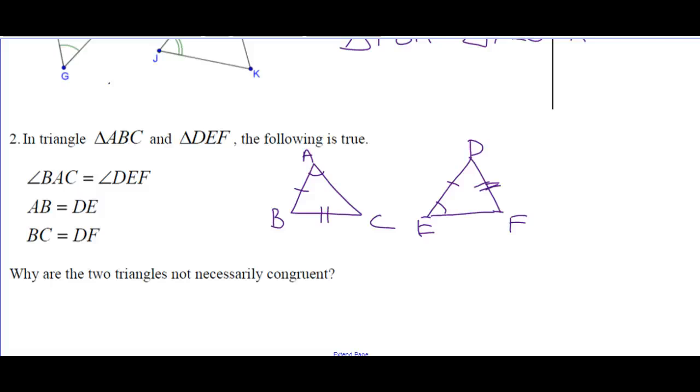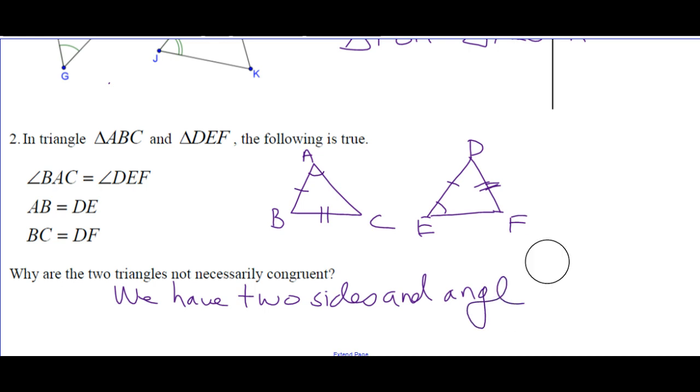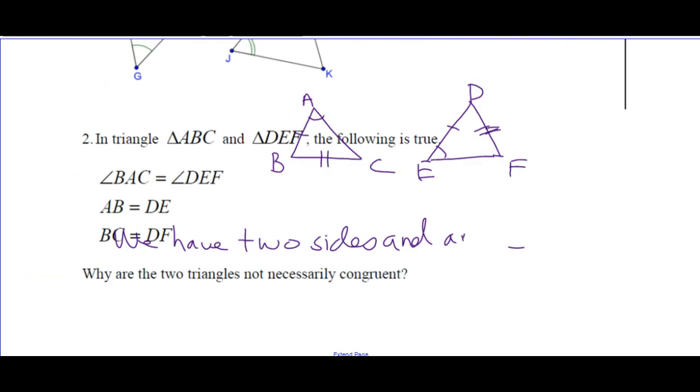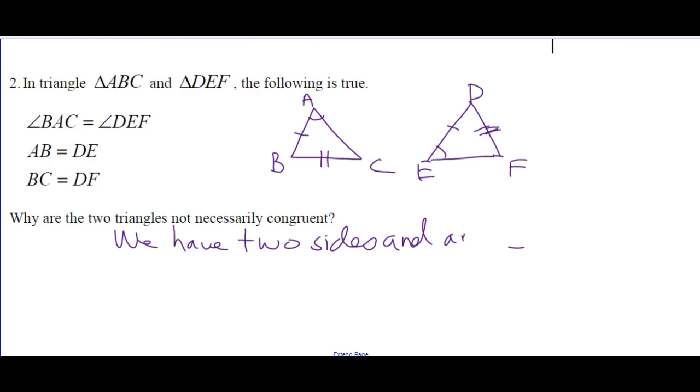So we have two sides and an angle which is not contained. So we need a contained angle, which is not contained.